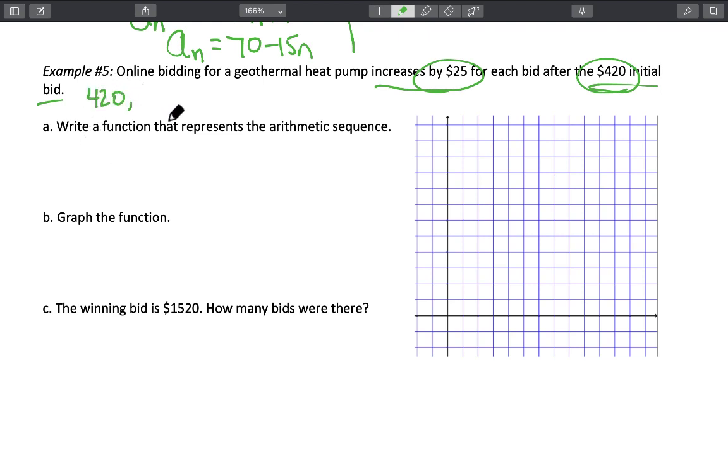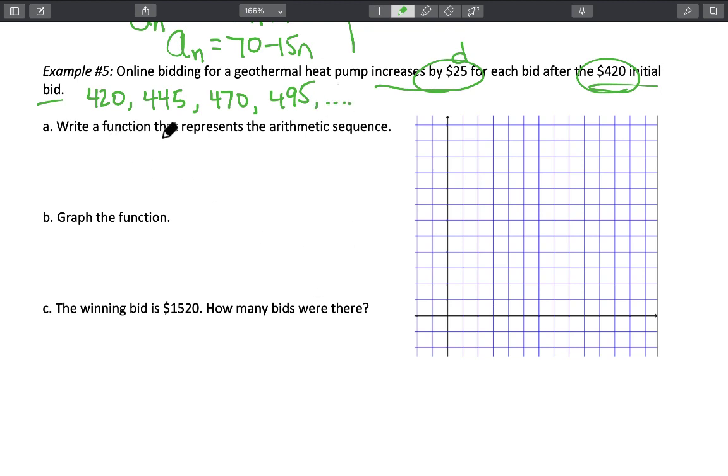In other words, that's the first position. Now it's going to increase by 25. So if I add 25 to that, that would be my common difference. Then my next one here would be 445. After 445, I'm going to add 25 more to that. I'm going to end up with 470, 495, and it's going to keep increasing from there.